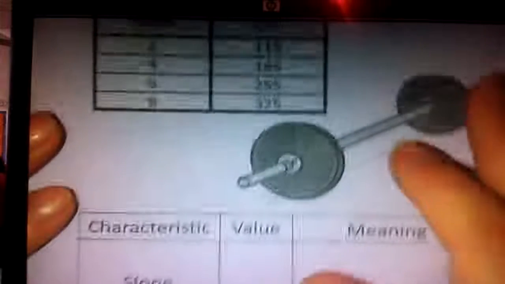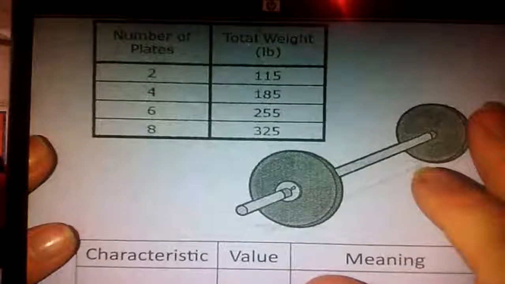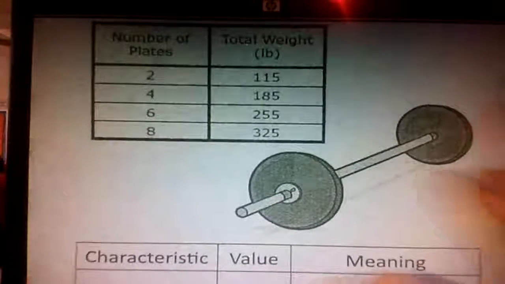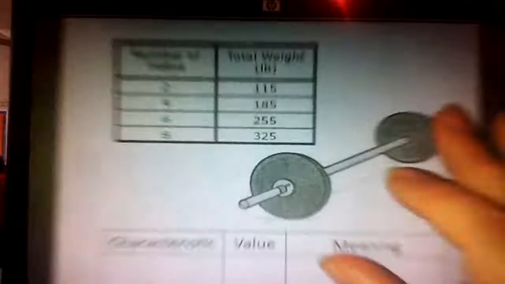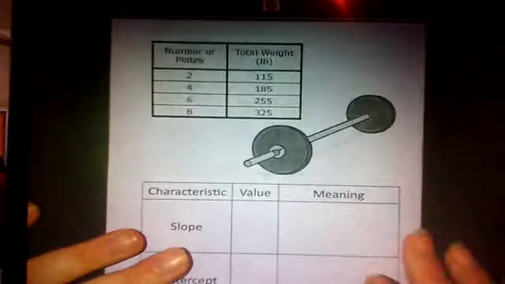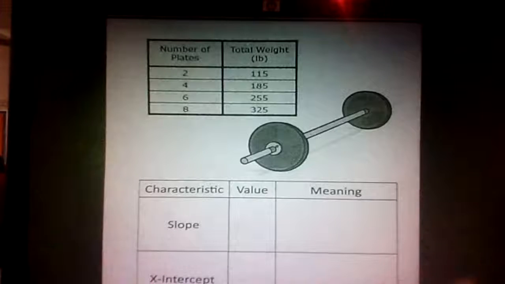All right. What if I give you a table? How do I write an equation from this table? I need to first figure out an x-intercept if I have one, a y-intercept if I have one, and what is my slope?